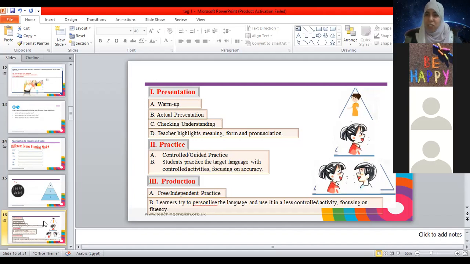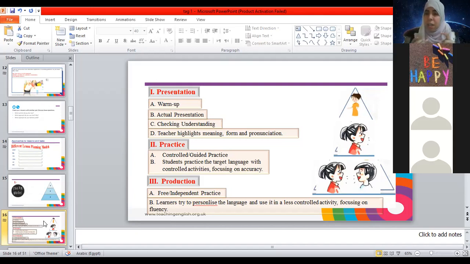The PPP model is a deductive way of learning. It's teacher-centered, or teacher-led.